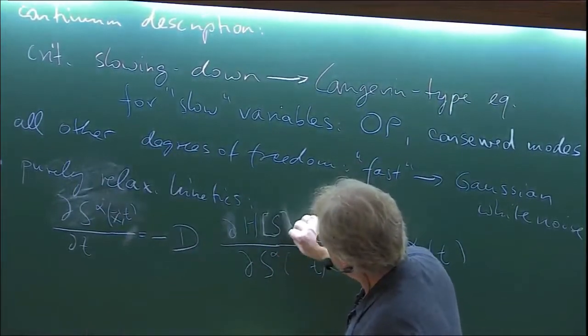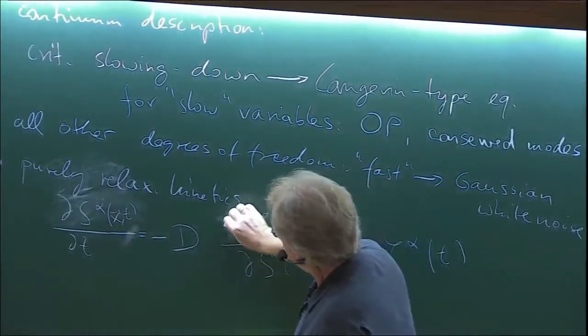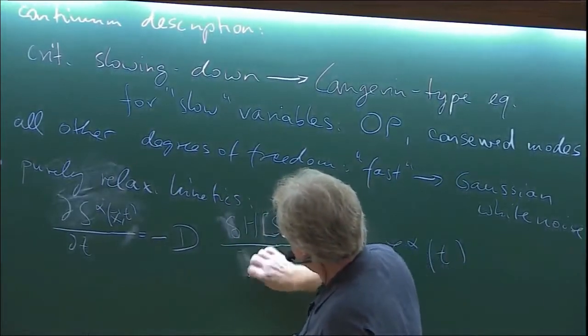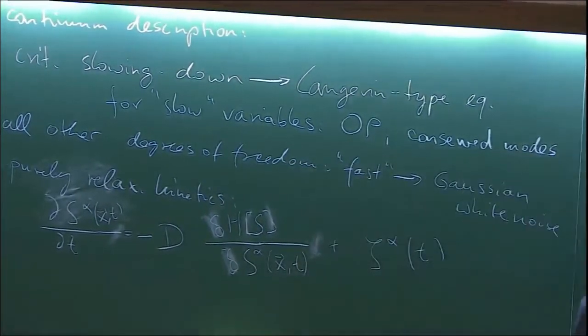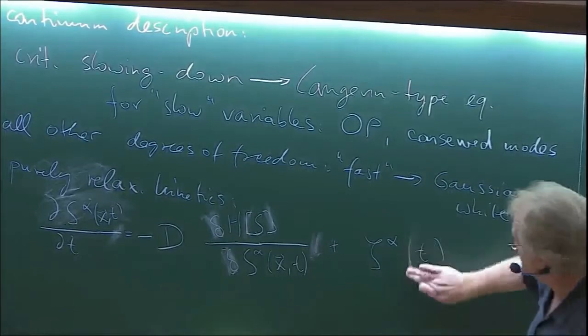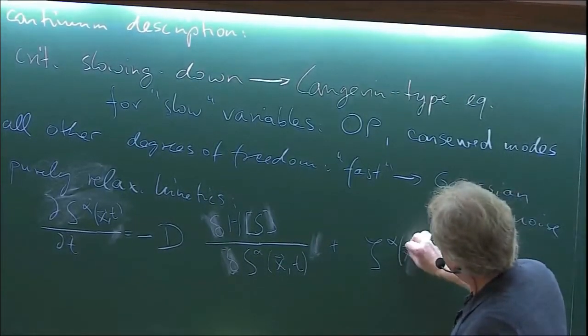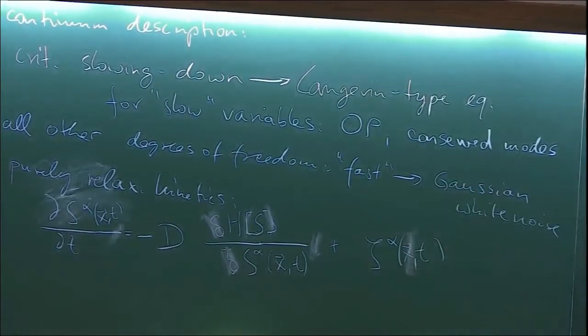And remember, this was a functional. And I need to change the normal derivative to a functional derivative. But if you discretize these things back out, it would just be normal partials. Okay? So that's just a formal variant of this. And then, of course, my noise will also depend on where I am.